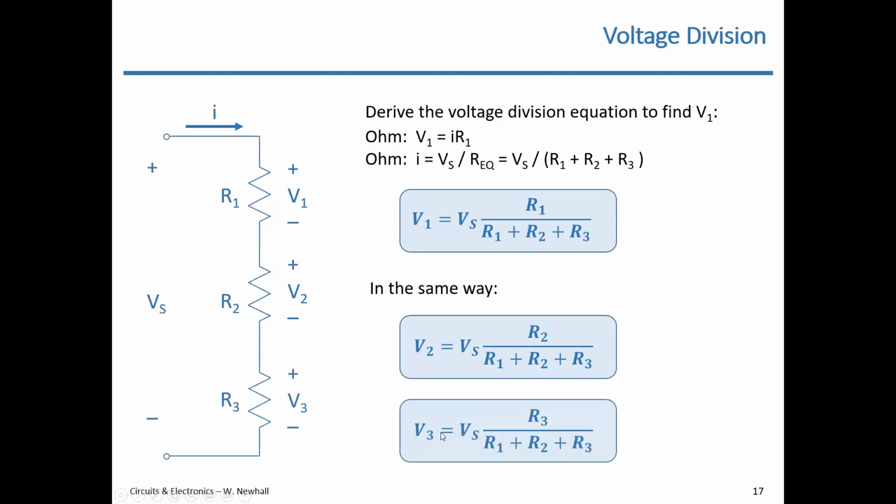And in the same way, V3 equals the voltage across the series set times this fraction: on top, the resistance across which you want to find the voltage, on the bottom, the sum of the resistances. This shows up over and over again, so it's good to know this relationship. You'll use this a lot.